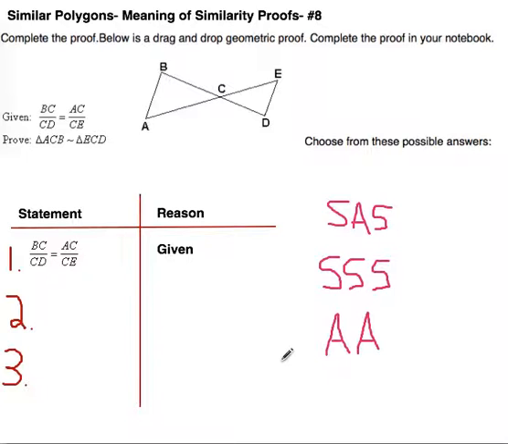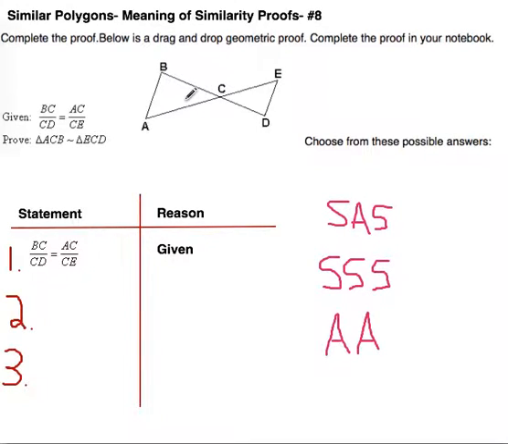Now, in side, angle, side, what that means is that you have two sides that are proportional, and then one angle that is congruent.